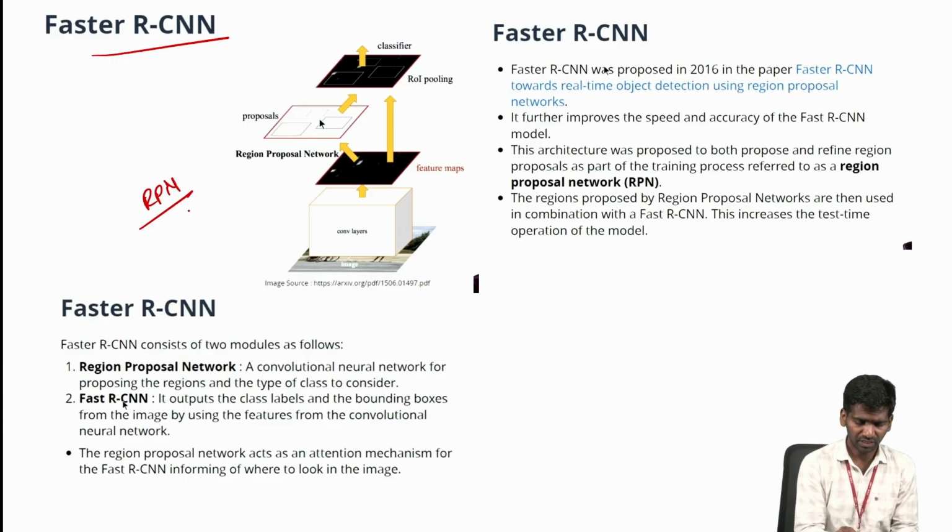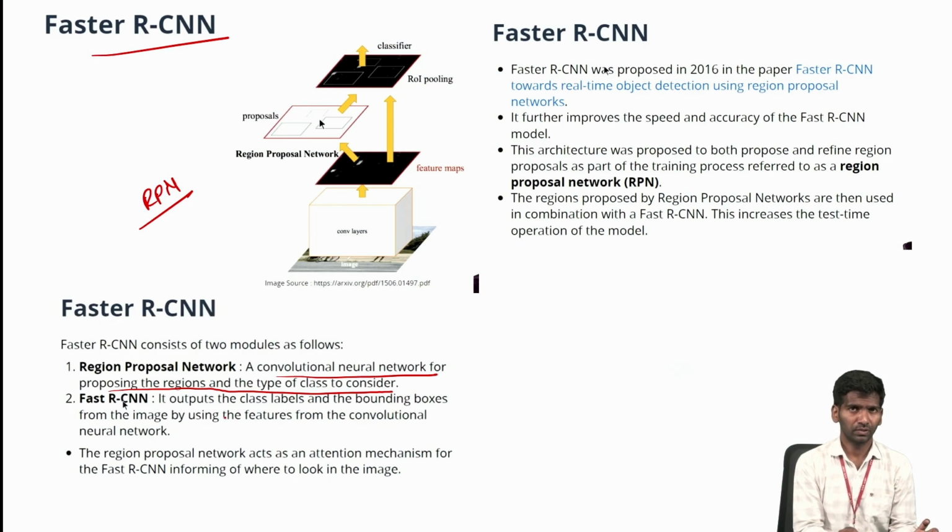So what is this RPN? RPN is a convolutional neural network for proposing the regions and the type of class to consider. This RPN will help in identifying the regions correctly.